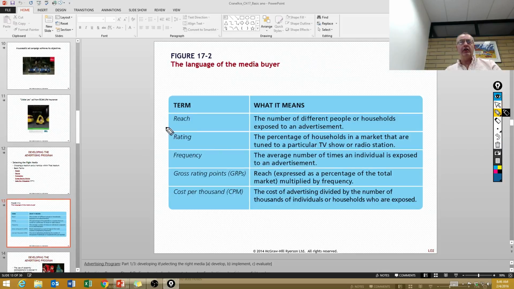So we have the concept of reach. So reach applies to traditional media. And so when we speak about traditional media, we mean either print or broadcast. So radio and TV are broadcast ads.